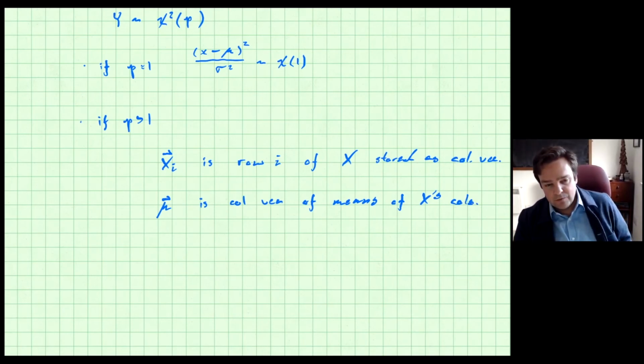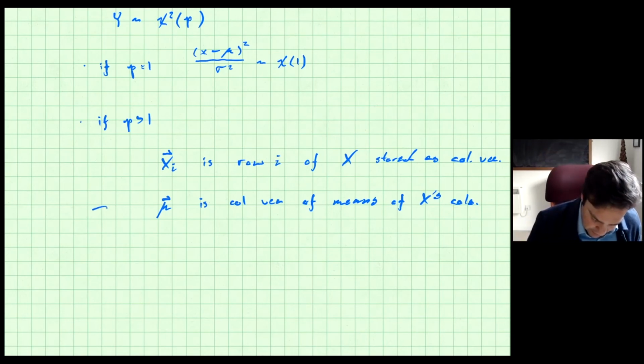So the first component of mu is the mean of the first column of the data matrix. The fourth element of mu is the mean of the fourth column of the data matrix. This is called a mean vector.